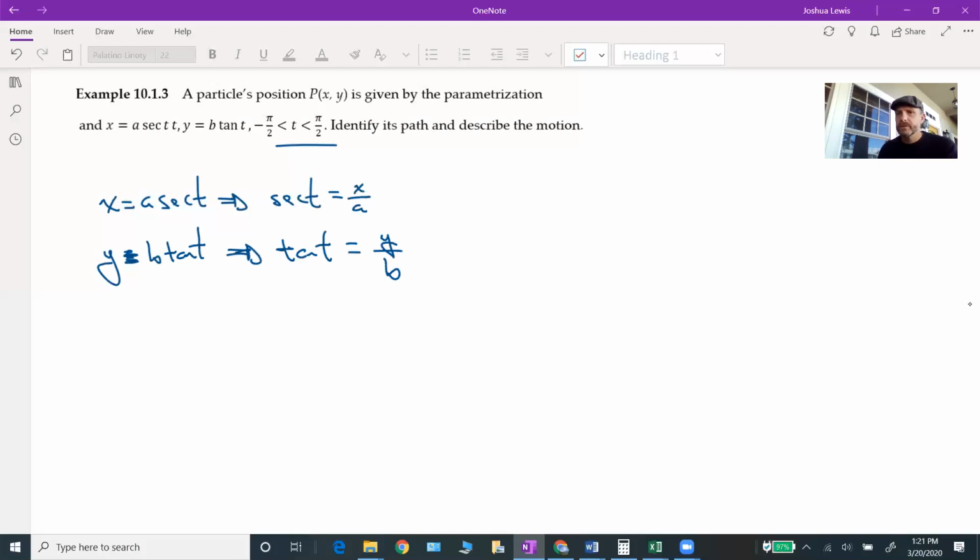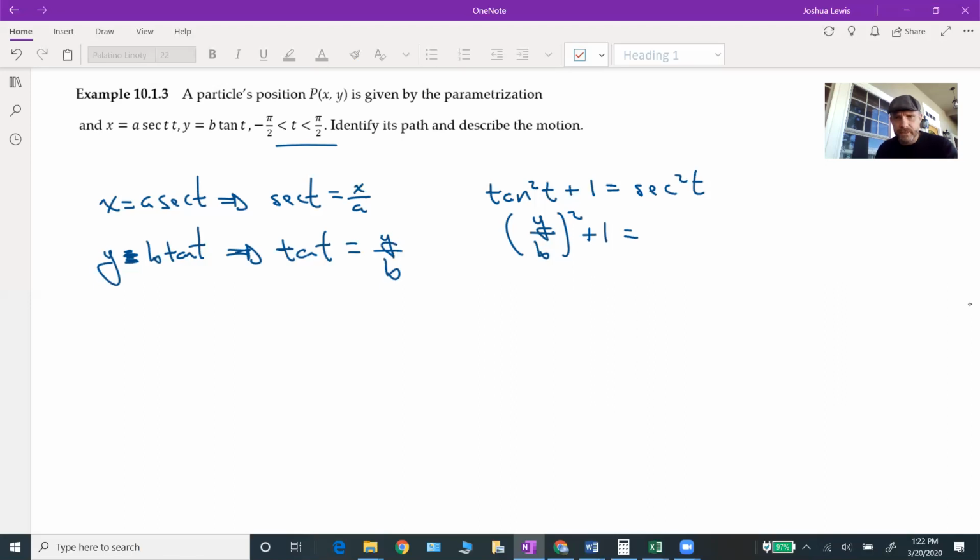Well, what's the Pythagorean relationship, right? We know that tangent squared t plus 1 equals secant squared. All right, well, what did I say tangent was? Oh, tangent is y over b. So (y over b) squared plus 1.